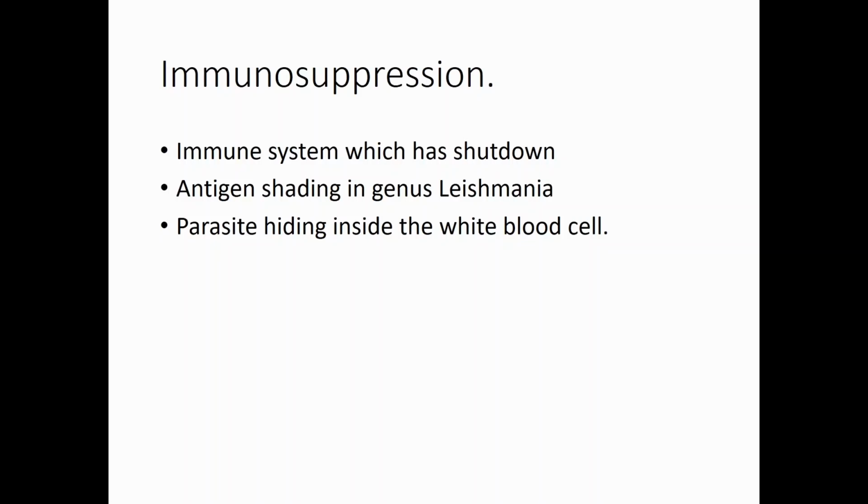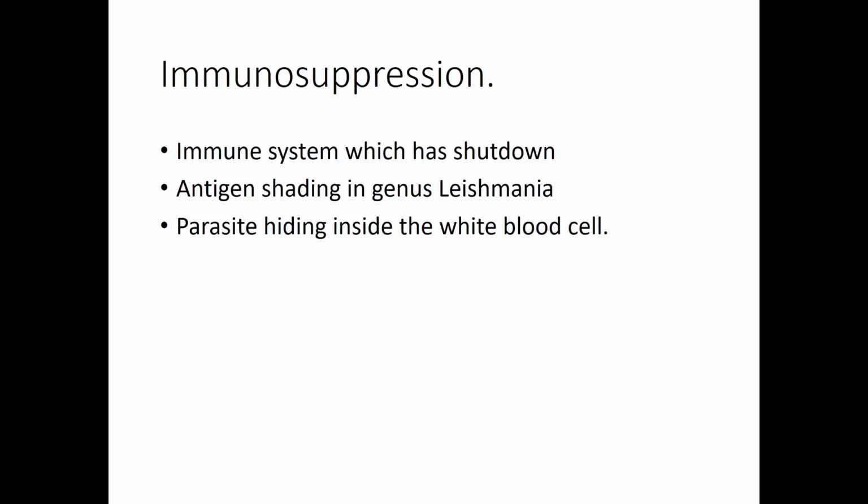For example, the parasite can resort to antigen shedding or antigen variation. It is common in parasites under genus Leishmania, whereby the protein that can be recognized by the cells of the immune system can be shed off by the parasite, such that the parasite is not recognized by the immune system.